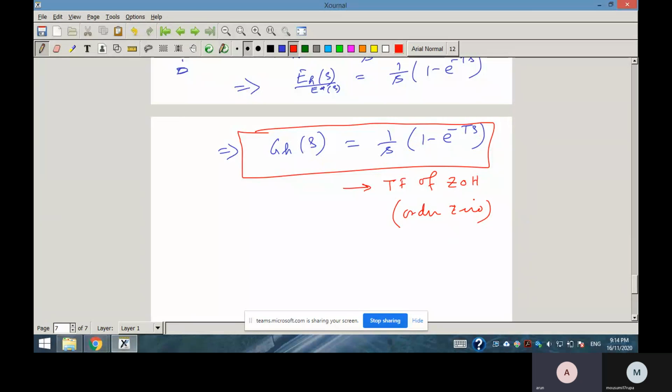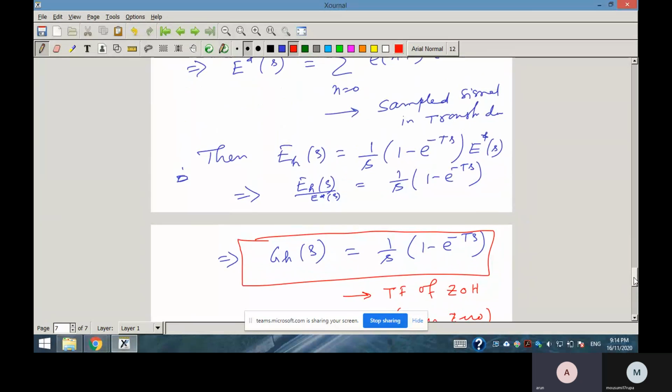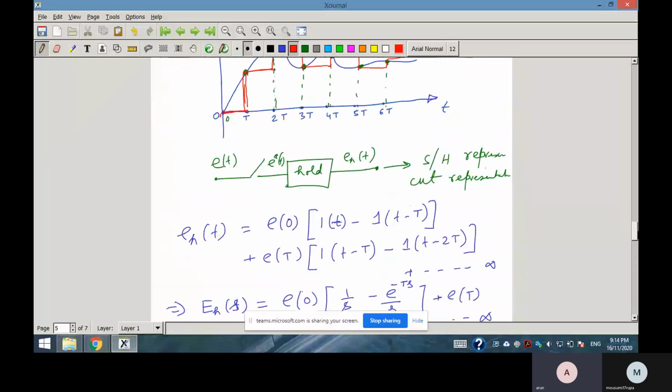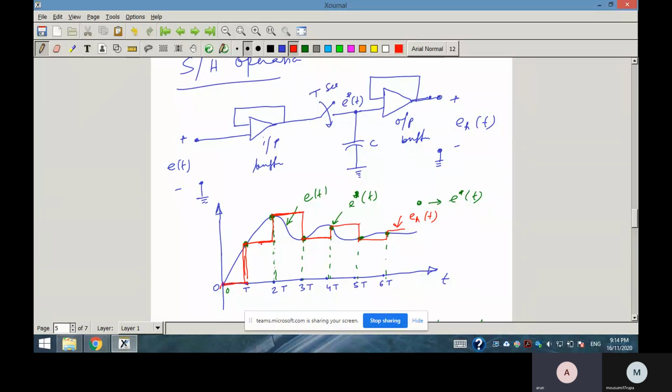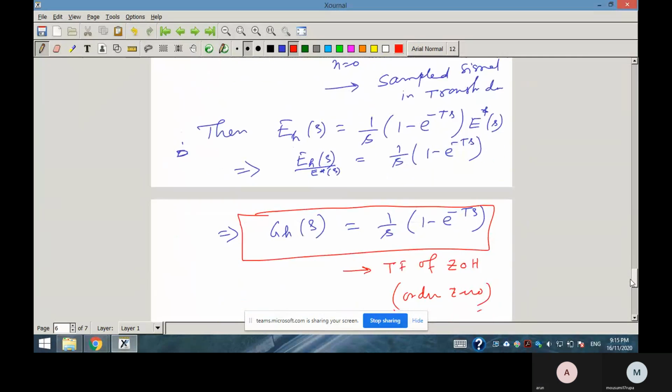Order is actually zero, but the functional difference is that in between it is constant, and first order hold will just connect using a straight line approximation, while the zero order hold will make the output constant in between two sample instants. So that is the difference.